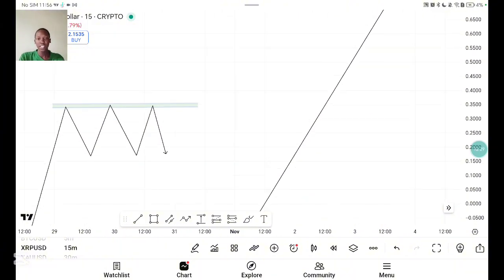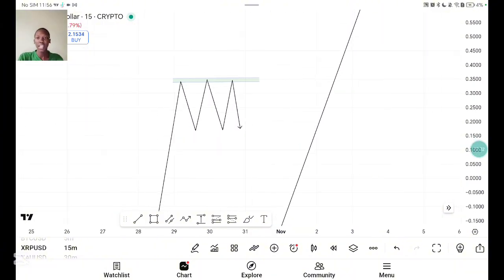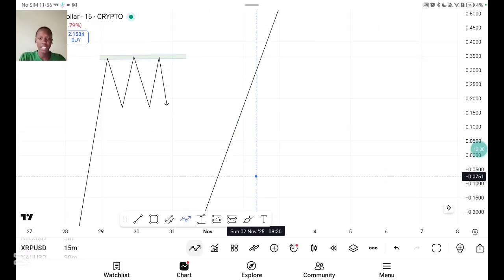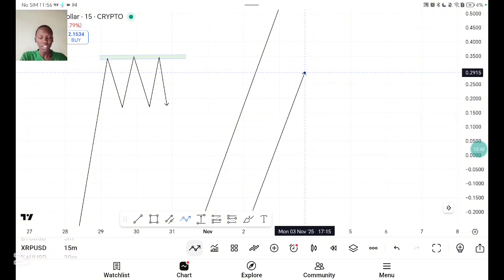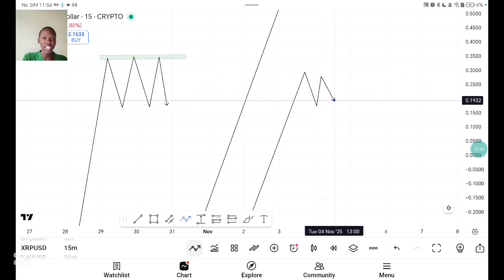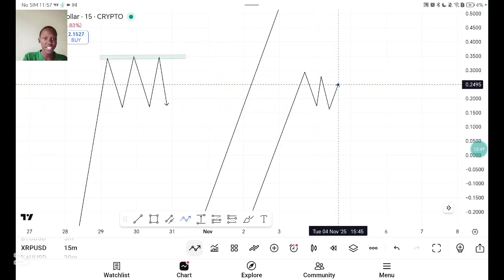So now let me give you guys another scenario. Like this one is during the equal highs. But now let's do it like this. The price pulls up massively, it consolidates, but this one consolidates retracingly.